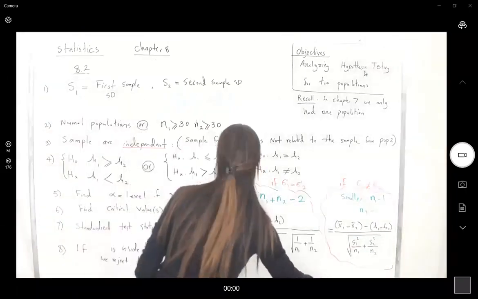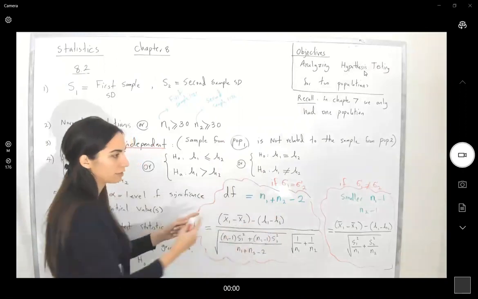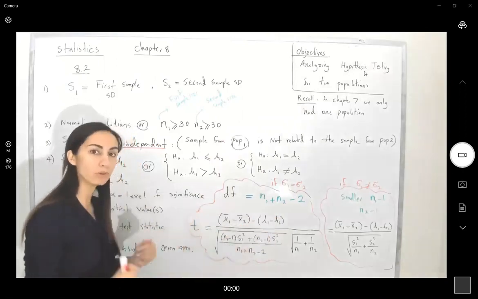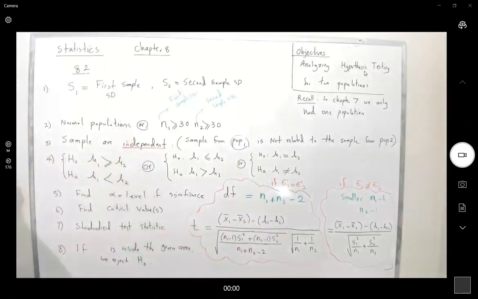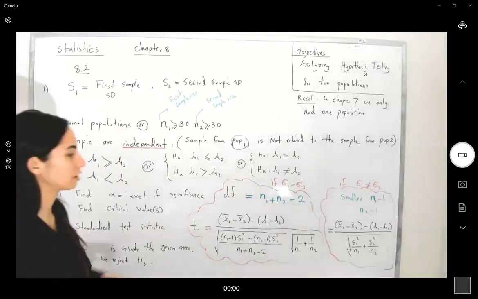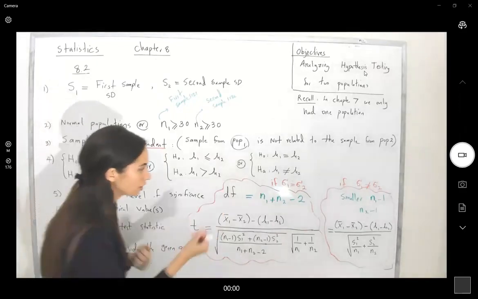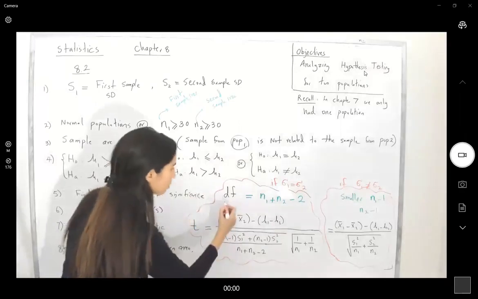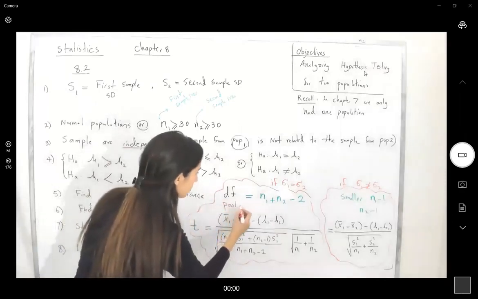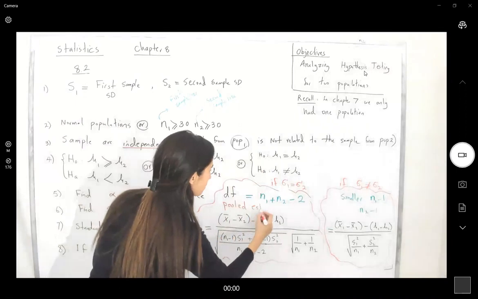In the first case, we say that we have a pooled estimate of standard deviation.